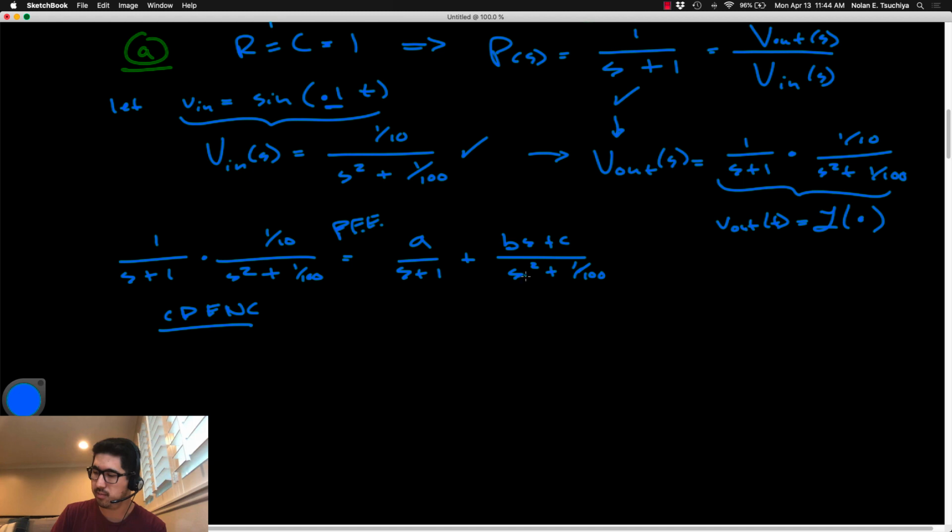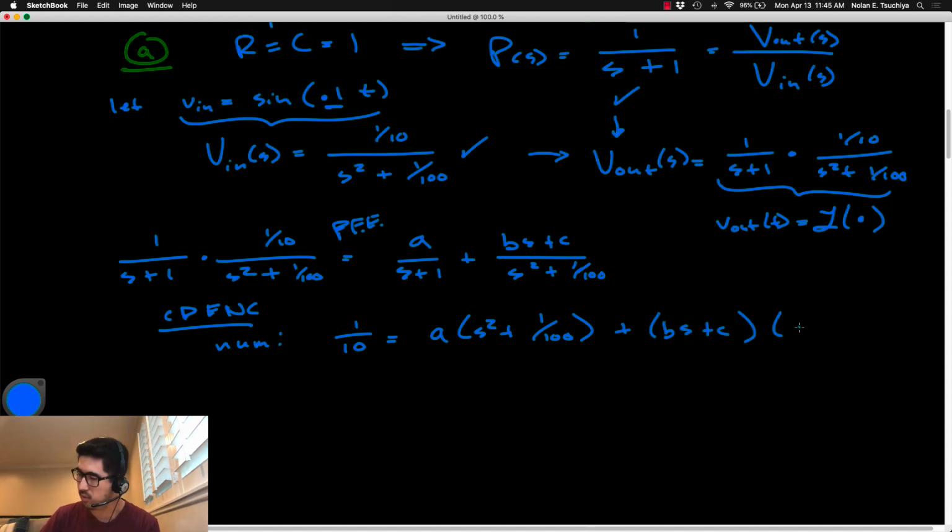And this term here, BS plus C, will be multiplied top and bottom by S plus 1. And that will leave our numerator looking something like this: 1/10 is equal to A times S squared plus 1 over 100 plus BS plus C times the quantity S plus 1. So this becomes our numerator of the above equation here.